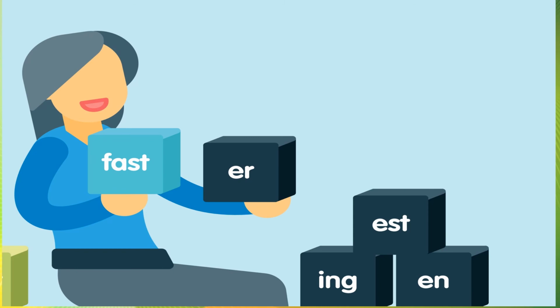So if you add er to that, then it will become faster. If you add est, then it will become fastest, superlative degree. If you add ing, fasting, then if you add en, fasten, to tie up. Fasten means to tie up. So in this way, after adding the suffixes to the root word, you get the new word with new meanings.